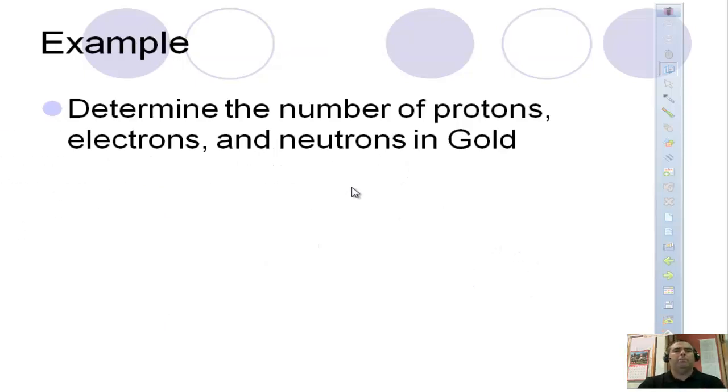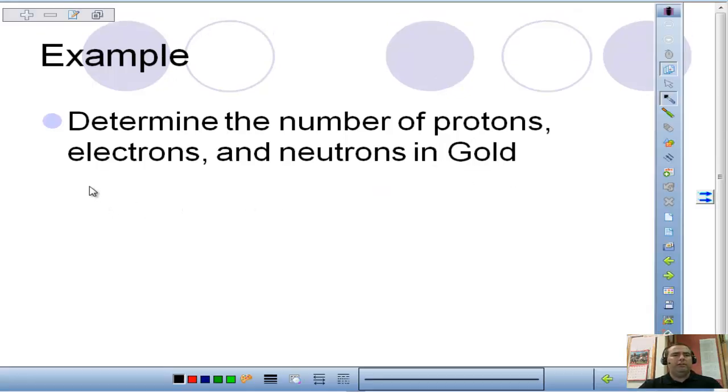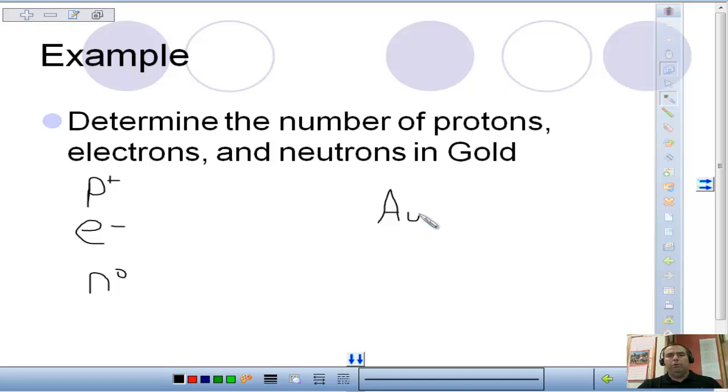Well, let's look at one more example. This one says determine the number of protons, electrons, and neutrons in gold. The protons and electrons are going to be very easy.